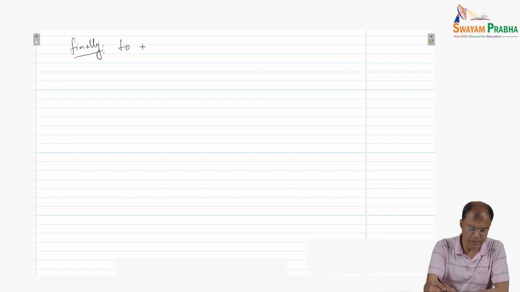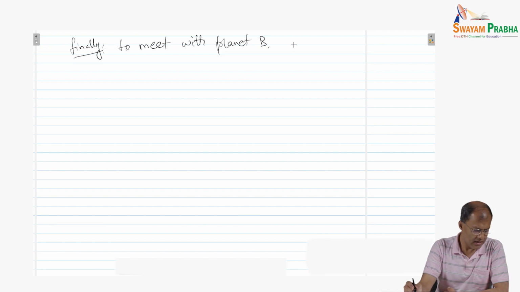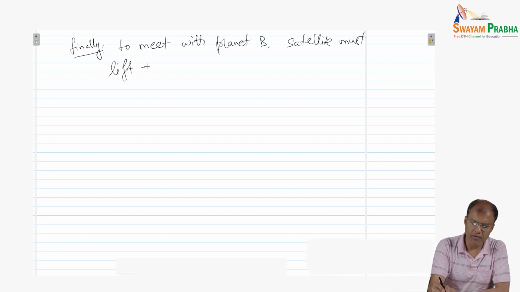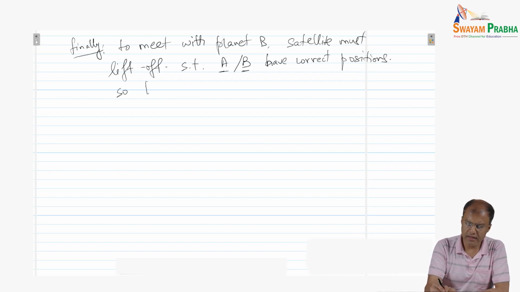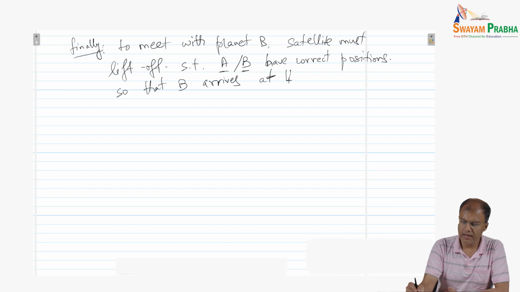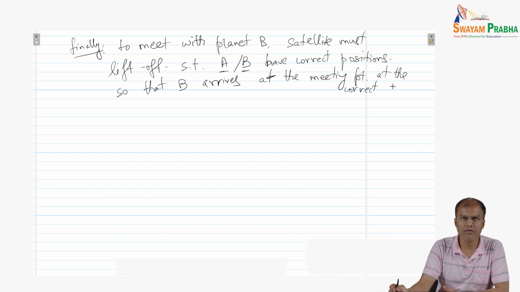To meet with planet B, the satellite must lift off such that the planets A and B have correct relative positions, so that B arrives at the meeting point at the correct time, right? I mean, if the satellite arrives and the planet is not there, there is no point, right?